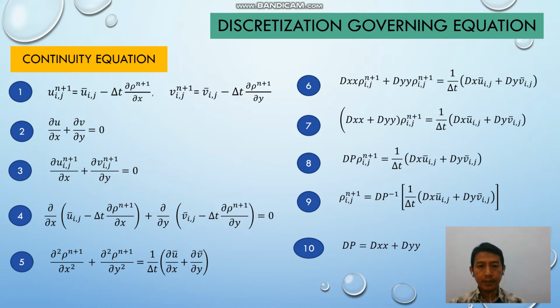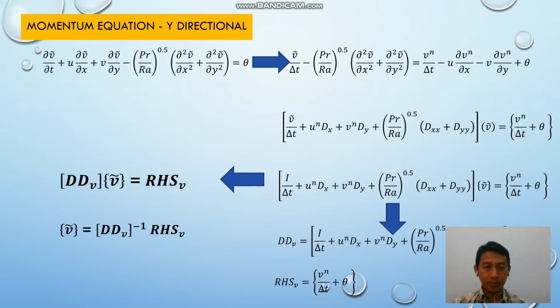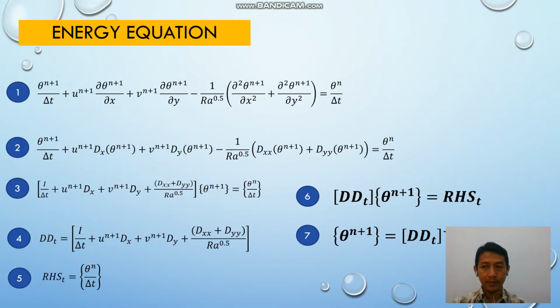Okay, the next step is discretization of the governing equations. According to the flow chart of the research, the first to be discretized is the continuity equation, and then the momentum equation in the x direction, and then the momentum equation in the y direction, and the last discretization is the energy equation.